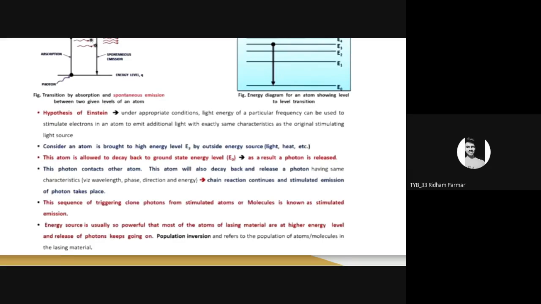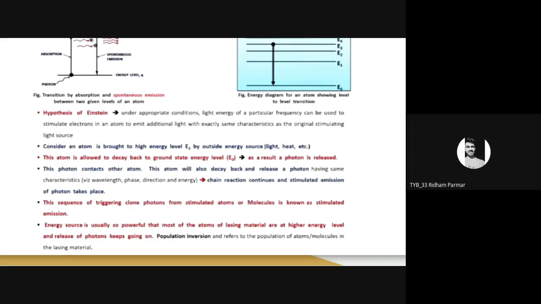So there are two operations going on. One is the absorption of the photon by an atom. Okay, it comes to the higher energy level, and then it decays back to its lower energy level.